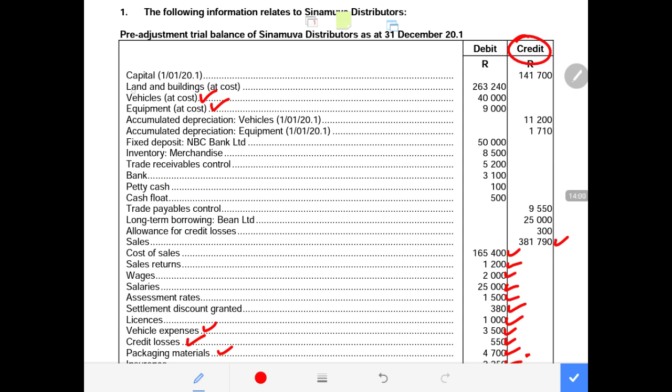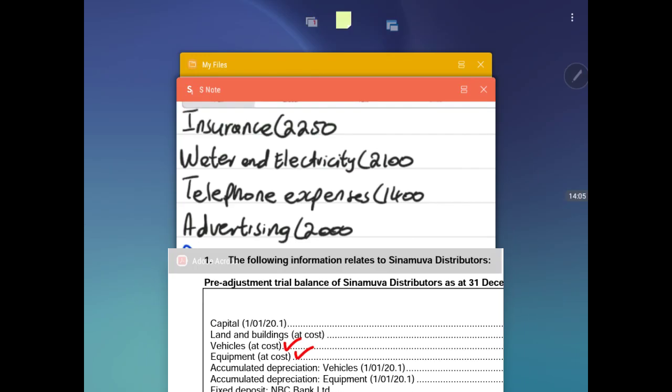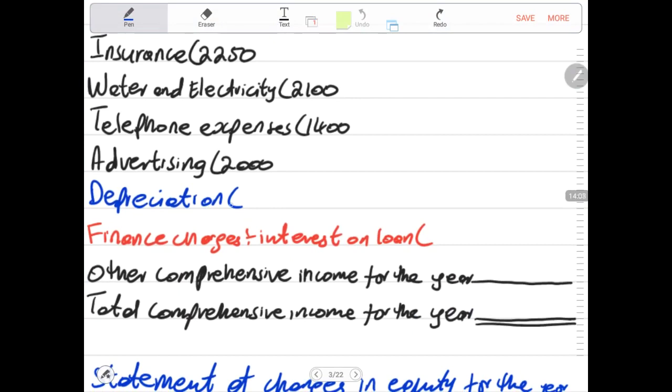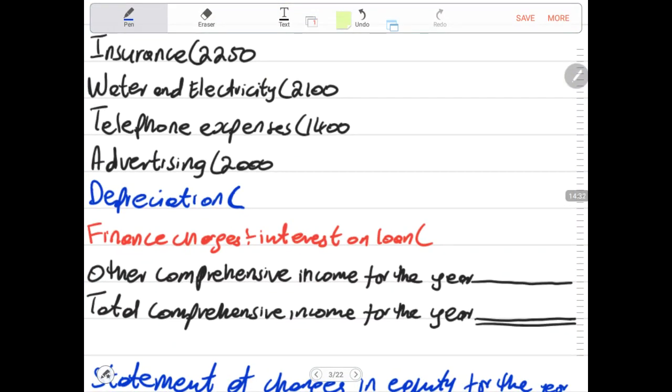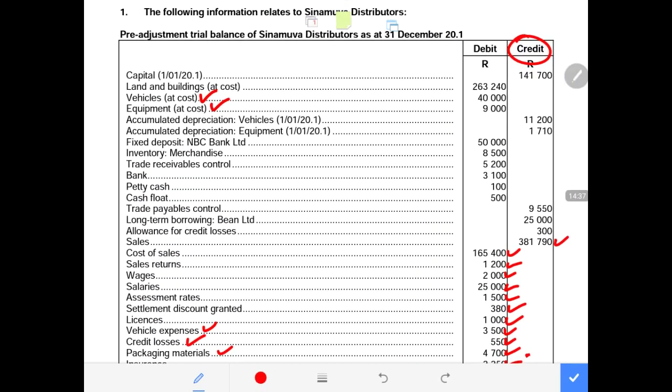Because we have these depreciating assets, we need to make provision for the depreciation in the current year, and you just write depreciation, you open brackets, because we still need to add depreciation for motor vehicles and the other depreciable asset, equipment, and also building. But land and building at your level normally will not depreciate, but further on you will be dealing with the depreciation in the advanced level of accounting. So now you create an account called depreciation, knowing that depreciation is likely to be there in the income statement.